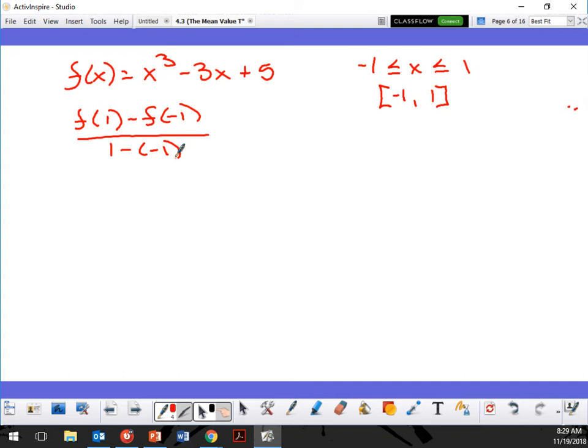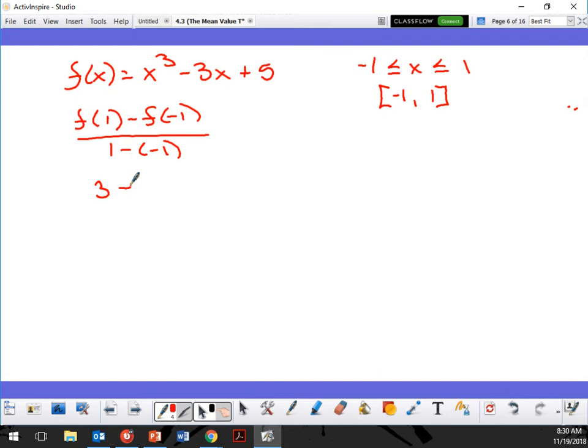Oh, okay. All right, so let's plug in 1 to the f of x. It's going to be 1 minus 3, which is -2, plus 5, so 3. And f of -1 is -1 plus 3 plus 5, which is 7.